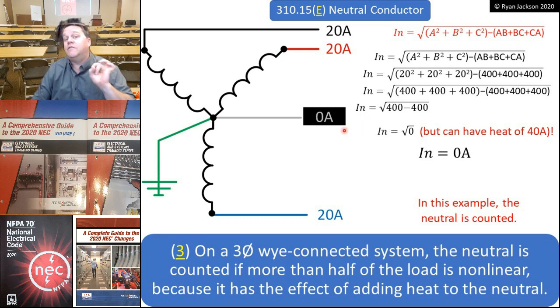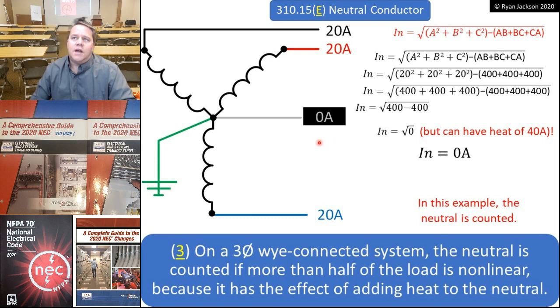It can definitely have the heat that you would expect from 40 amps of load. Without getting into power quality, we talk about reflected currents and different things, and again, whether or not that 40 amps is actually on the neutral, it has the heat as though it does.